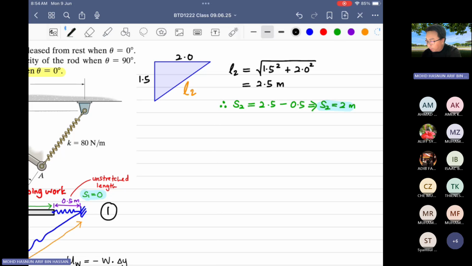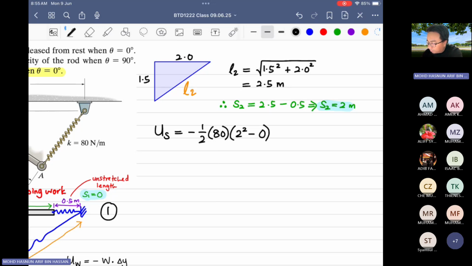Then we can calculate US, the work done by the spring, which is minus 1/2 times K. K is given here, 80 Newton per meter, multiplied by S2 squared, which is 2 squared, minus S1 squared, which is 0.